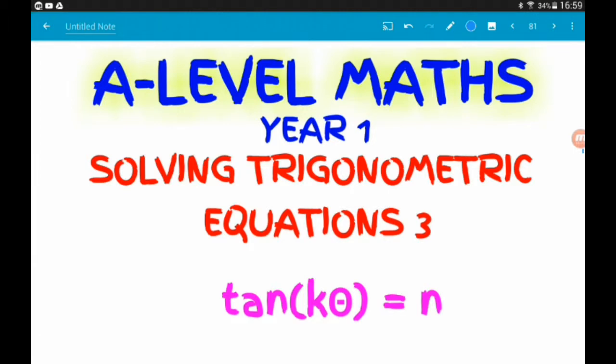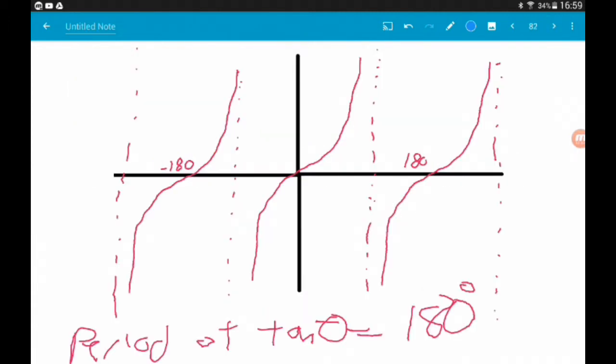In part 1, we go through the notion of the period of a function and also how we're changing the interval in a bit more detail than I probably will here. So, let's get cracking. First of all, tan is a little bit different from sine and cos.